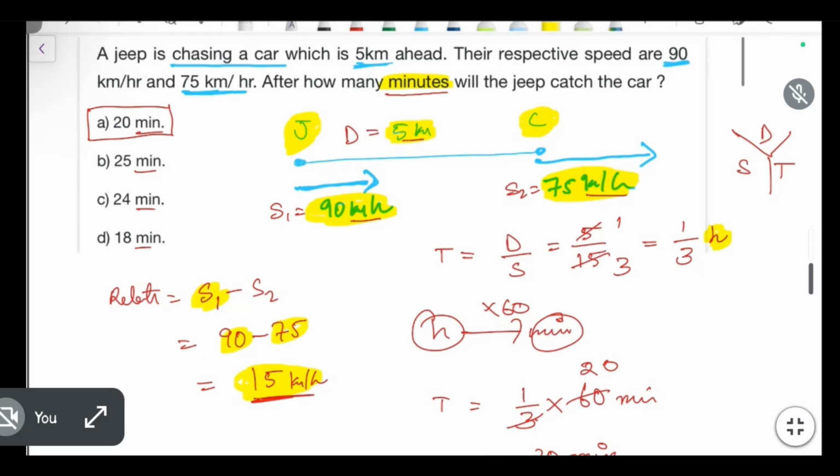What is relative speed here? I'll just explain something. Since this car is running away from the chip, this car will be traveling away from this one, and the chip is traveling towards this one. That means both of them are traveling through a certain distance. The car will not be stationary at this point. The car will be traveling a certain distance when the chip catches the car up.